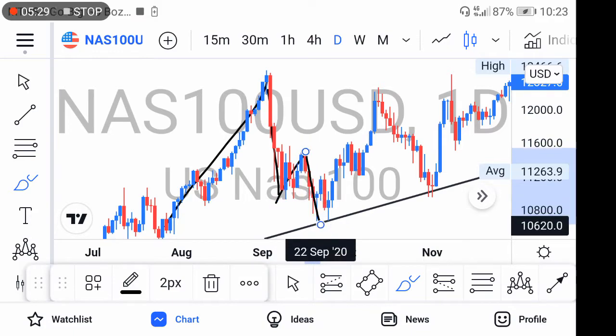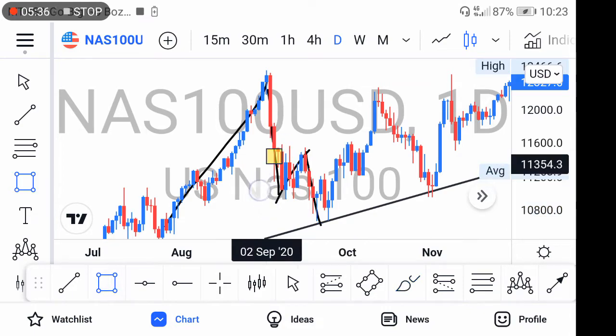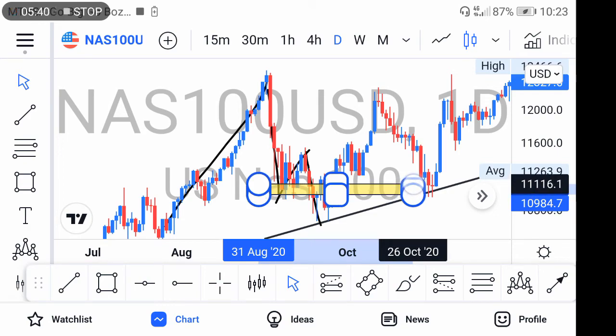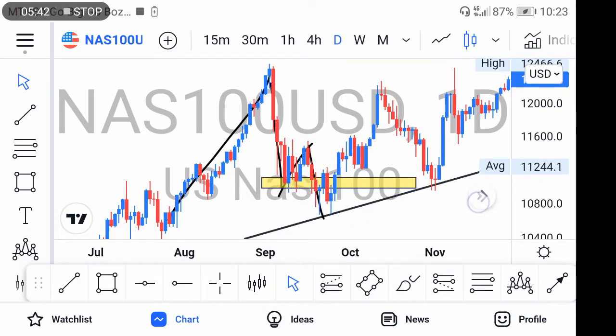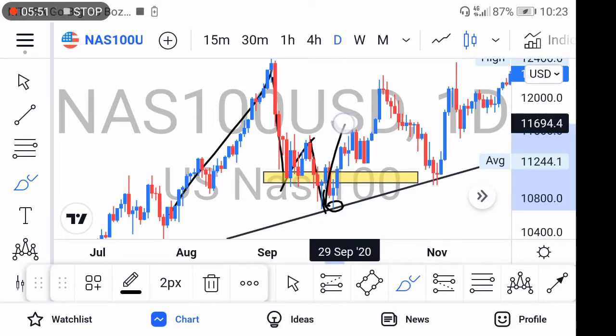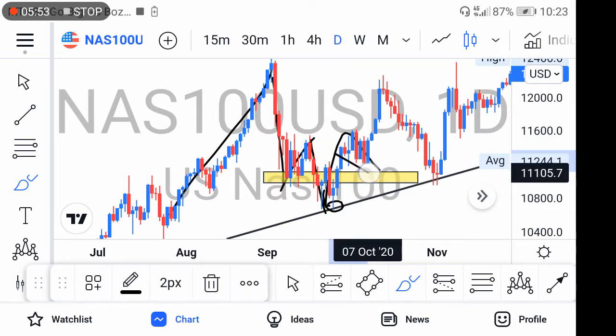It went to touch the trend line. Once it touched our trend line, this is how we look at left and put our support zone. We want price to move away from the trend line, come and retest our zone to complete the right shoulder.